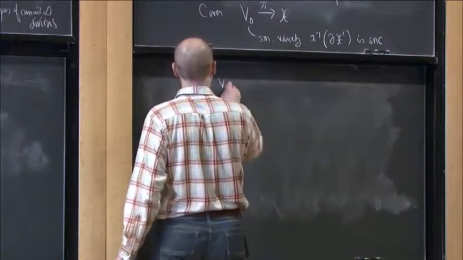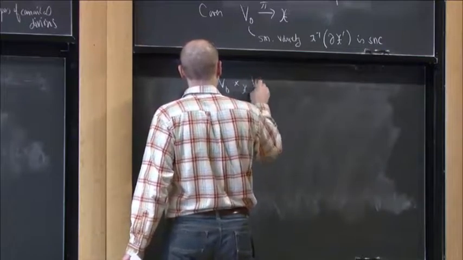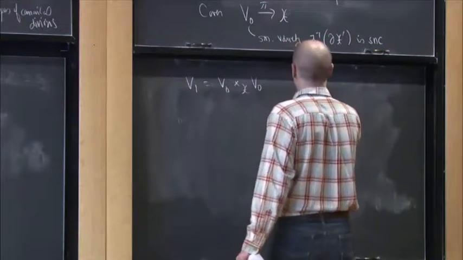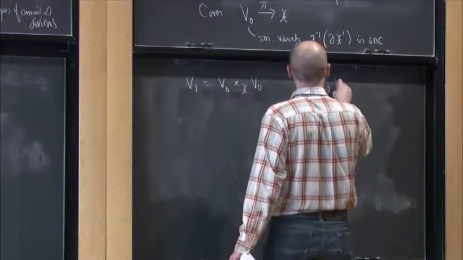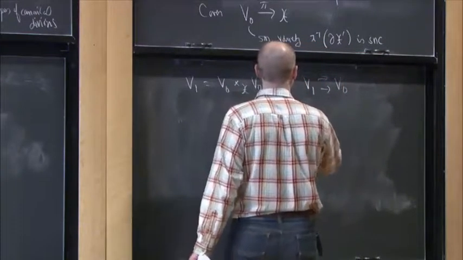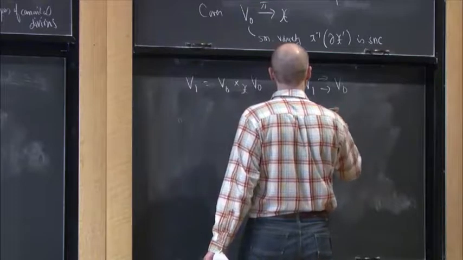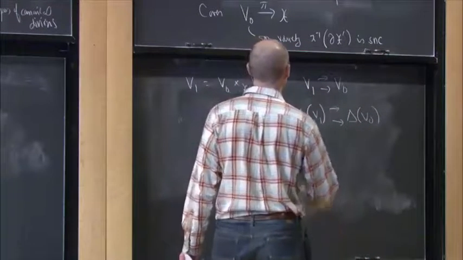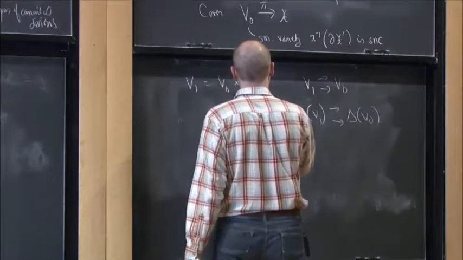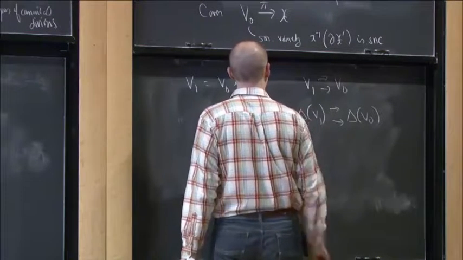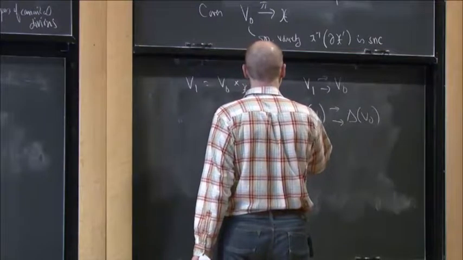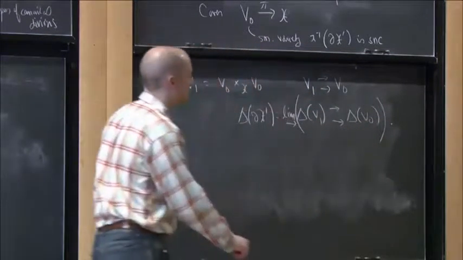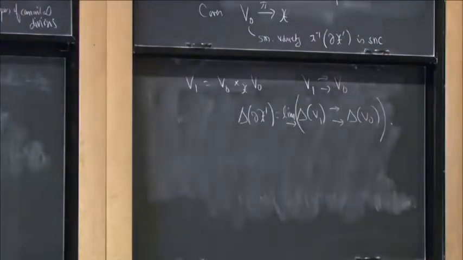So V1 is V0 cross over X V0. And so then we have the two projections from V1 to V0, which induce two maps from the dual complex of V1 to the dual complex of V0. And the dual complex of this X prime is defined as the topological colimit of this diagram.